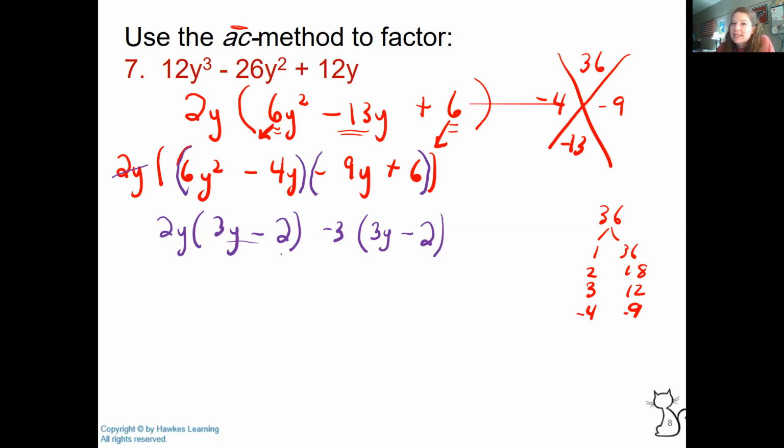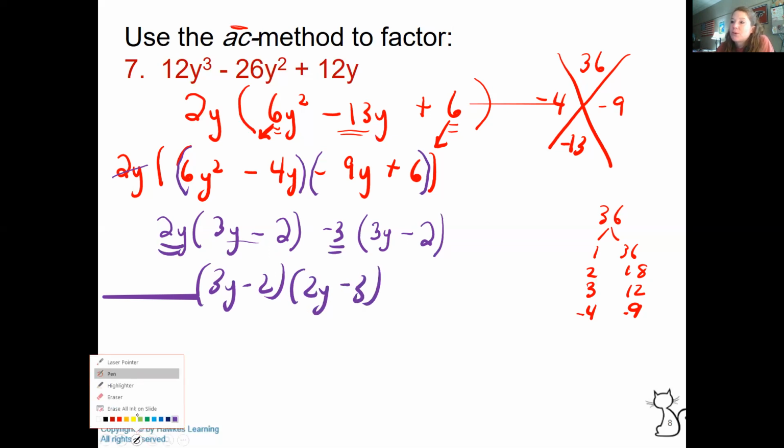All right, this takes a lot of practice, you guys. So what do we get? These are exactly the same. So one of our factors is what's in the parentheses. And then if I pulled both of those out, what would we have left? We're going to put together what's left. So 2y minus 3. And then remember at the top when we said we're going to ignore that 2y for a minute, as part of our final answer, we have to include it.